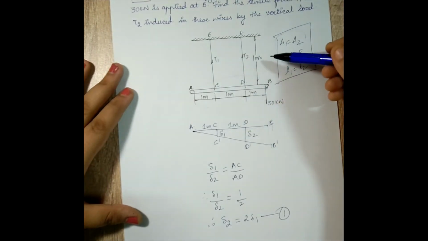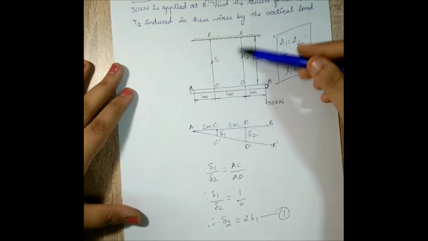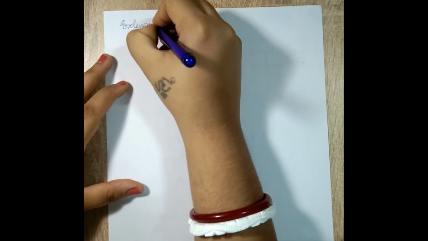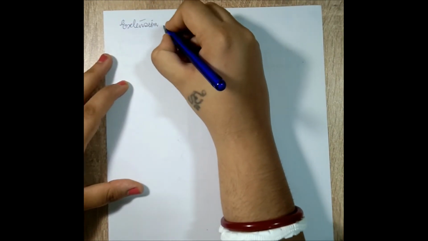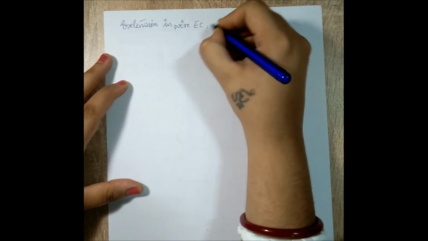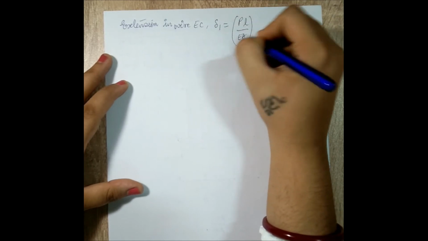The next equation which we are going to use is the extension in this wire EC and in the wire FD. So extension in wire EC, delta 1, will be PL by EA of 1.